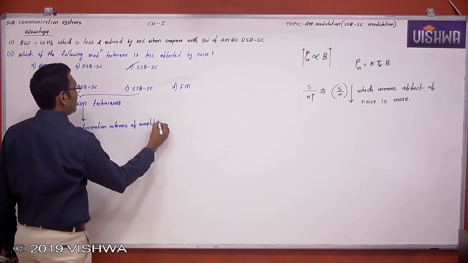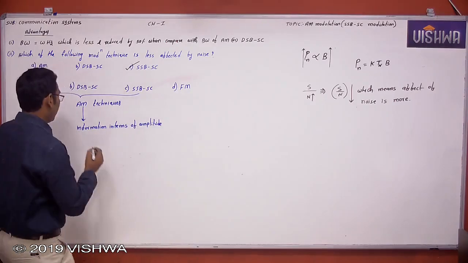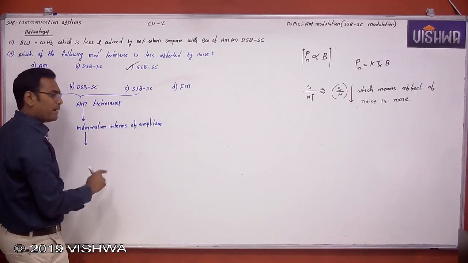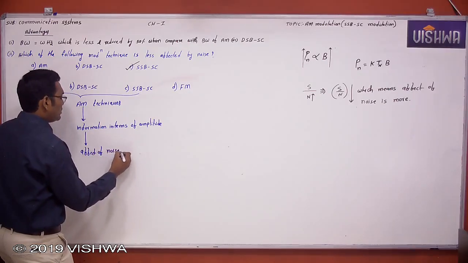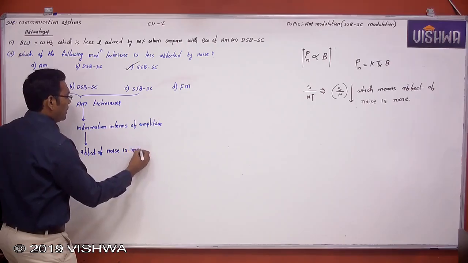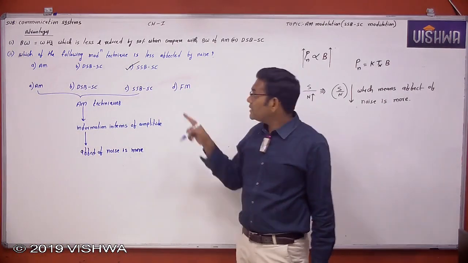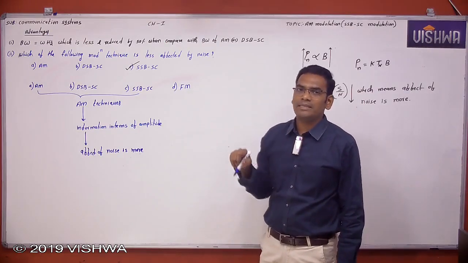When the noise is coming, it first affects the strength, which is nothing but the amplitude. So when the information is in terms of amplitude, the effect of noise is more. But this is frequency modulation. The frequency of the carrier is changed in accordance with the amplitude of the message signal.